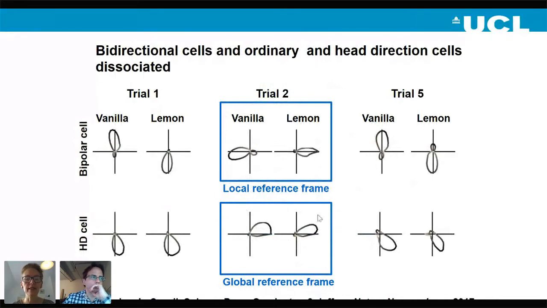So the head direction cell plots are on the bottom and the bidirectional cell plots are on the top. And this is the two compartments, left and right. And you can see that the head direction cell has a consistent global direction, whereas the bidirectional cell has flipped from one side to the other, so that in this compartment on the right, the cells have aligned tuning curves, but on the left, they have disaligned tuning curves.